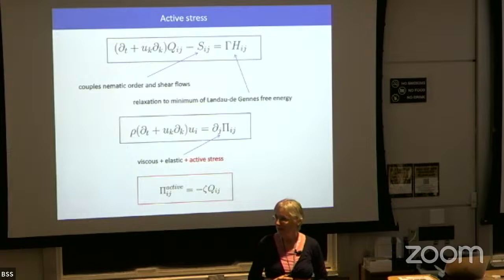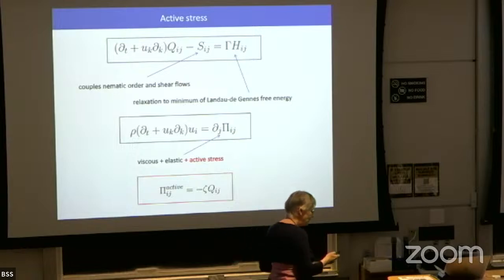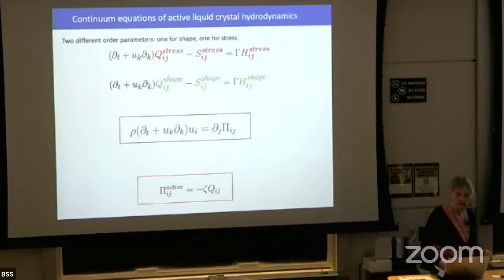Yeah, ideas? Thoughts? I mean, we've got 2 nematic axes here, really. One for the shape nematic axis and one for the stress nematic axis. And so instead of just having one Q tensor, we need 2 Q tensors. We need to really double up these equations so that you have one equation for the stress and one equation for the shape.